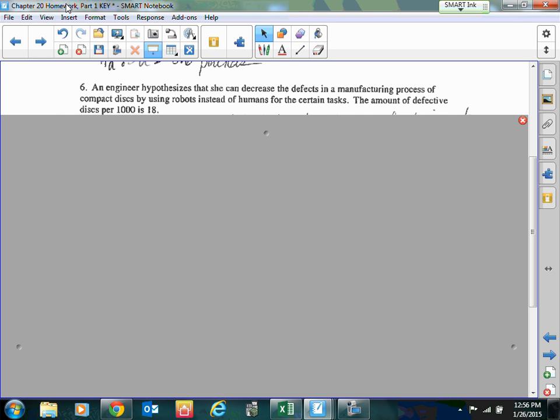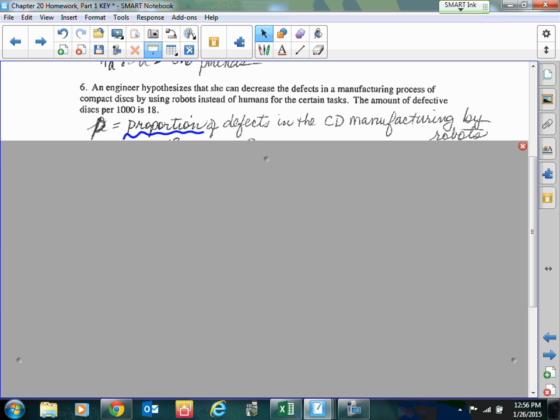Okay, so this one's going to be P equals what? Proportion should be the first word you write down. P equals the proportion of defects in the CD manufacturing by robots. Maybe I should put all of these robots or something, but anyway, it's these particular robots.